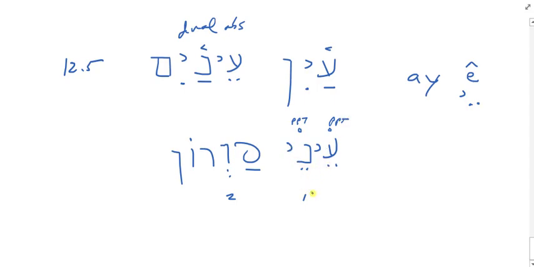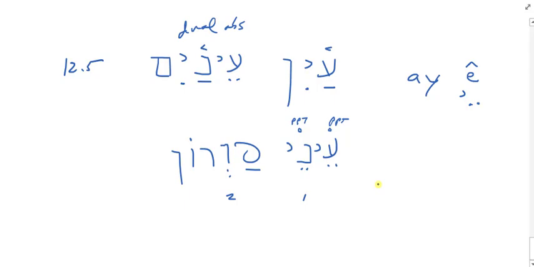Can I reduce any of them to vocal shva? I can? Can I reduce a sere yod to a vocal shva? No, because they're historically long, right? Normally I'd reduce these types of syllables to vocal shva, but not these vowels. Okay? All right, there you go. So that's what you do with the dual forms. They look like masculine plural construct endings when you make them construct.